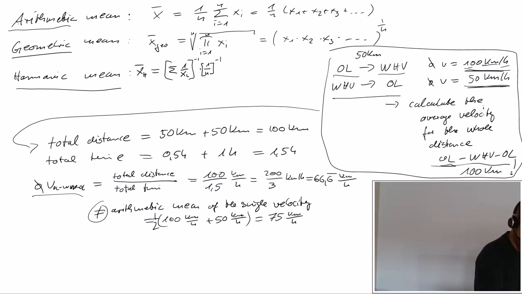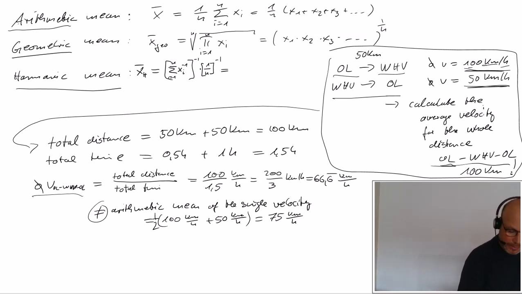Or let me write it in another way. Let's write this also as the sum of xi to the power of minus 1, i equals 1 until n.